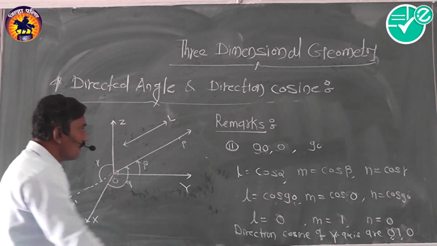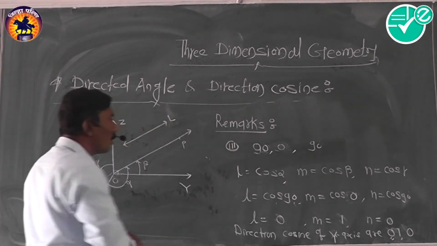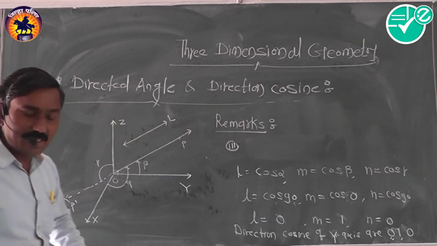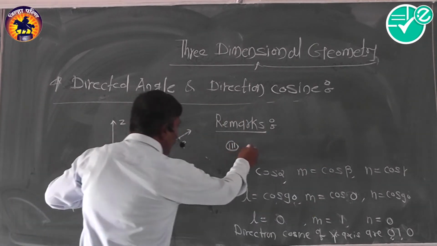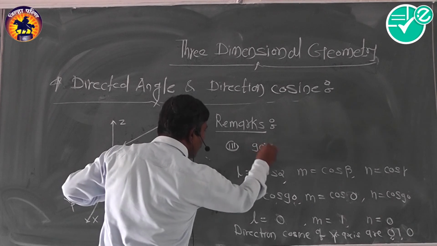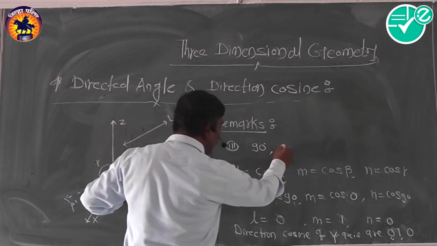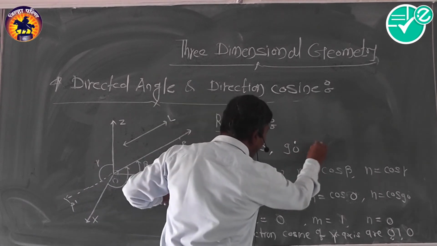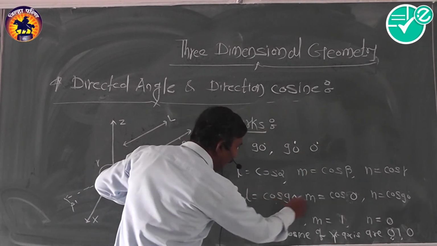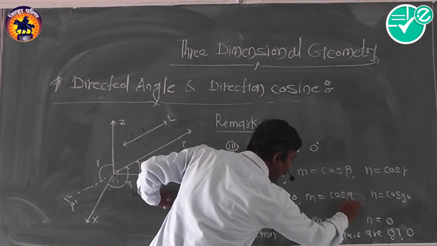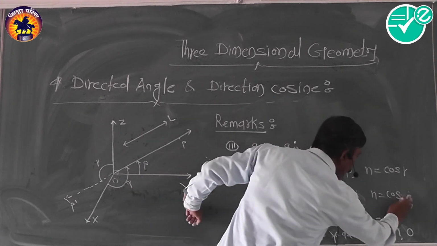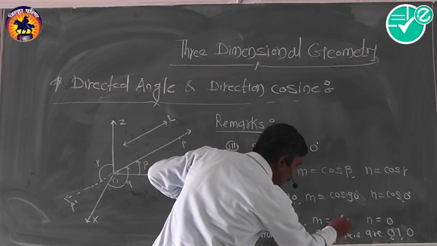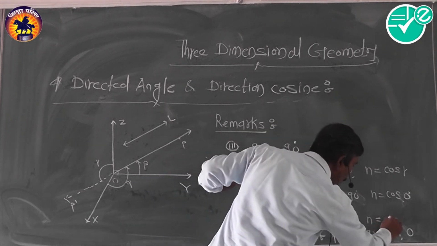And the third remark: the direction cosines of the z axis. The z axis makes angles of 90 with the x axis and 90 with the y axis, and its angle with itself is 0 degrees. So here cos 90 is 0, cos 90 is 0, and cos 0 is 1.